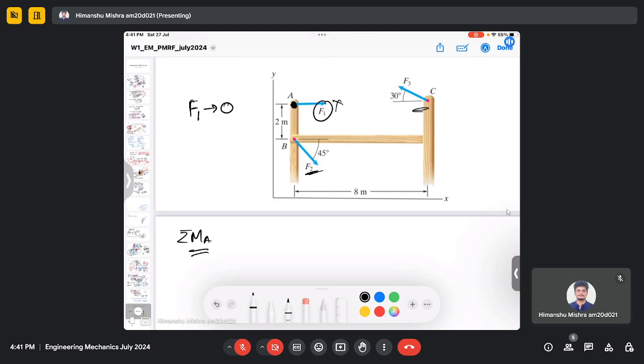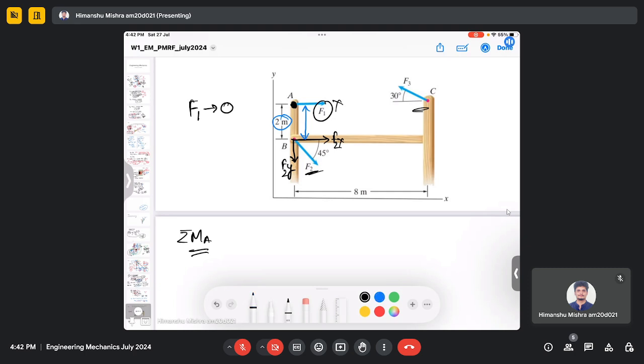There will be no moment from this force F1. Now let's consider force F2. There will be components of force, F2x and F2y. Now there is a perpendicular distance from F2x to point A, which is 2 meters.